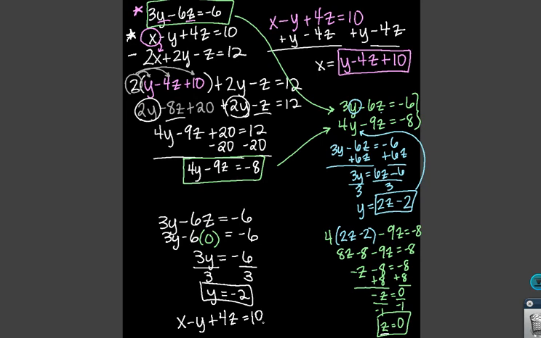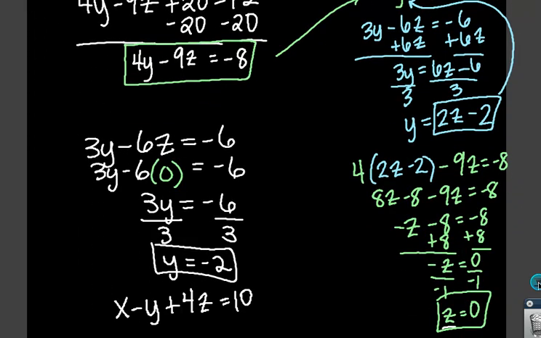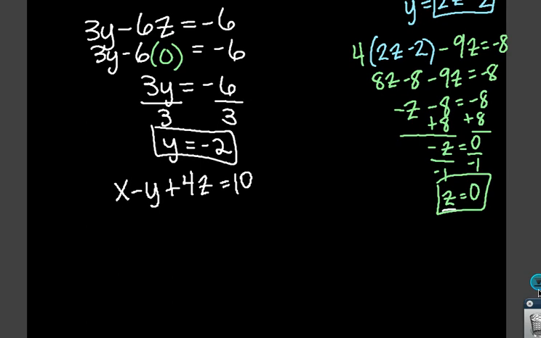Did I transcribe the equation correctly? Okay? And then we're going to plug in the y and the z. So we have x minus y plus 4z equals 10.